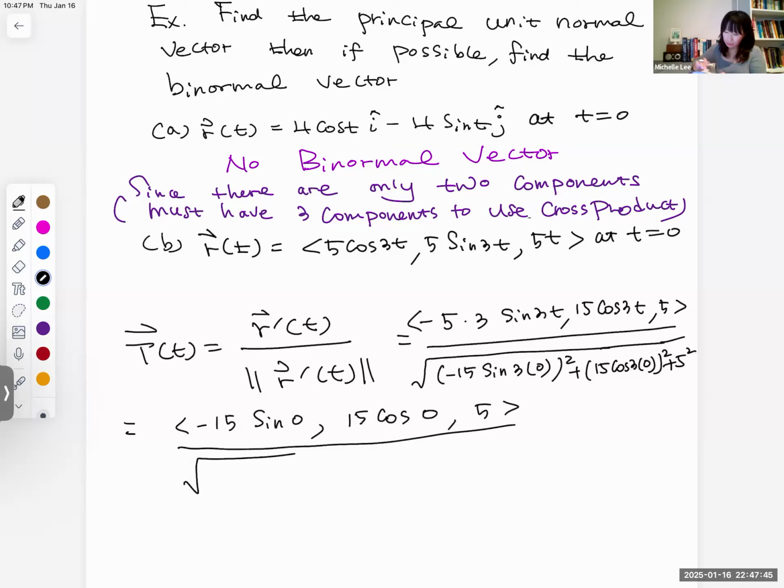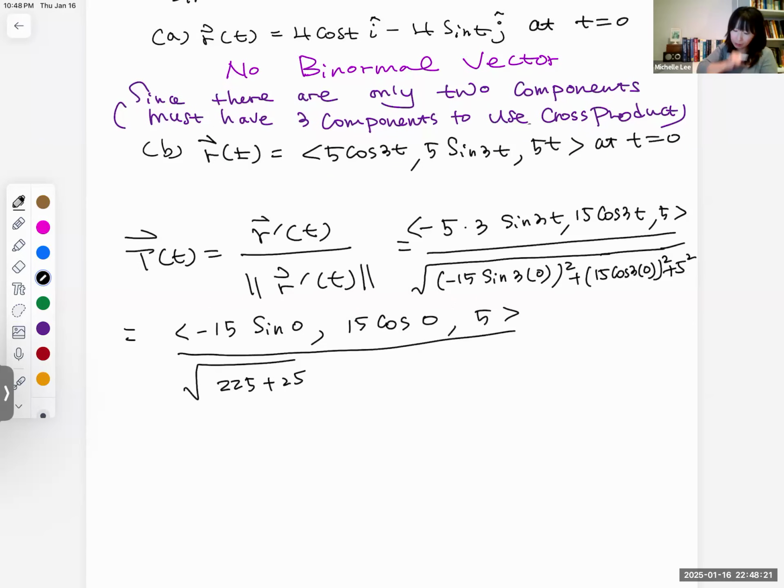And 15 squared, what did we have earlier? 15 squared? 225, right? So 225. And then that is the one, right? So 225 plus 5 squared, which is 25. So the denominator has 250.